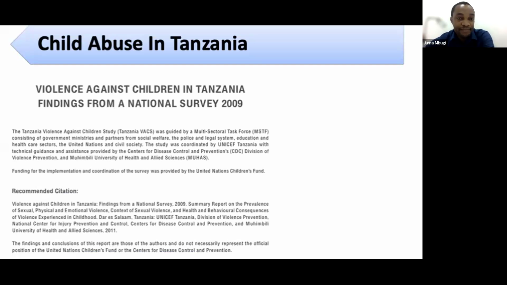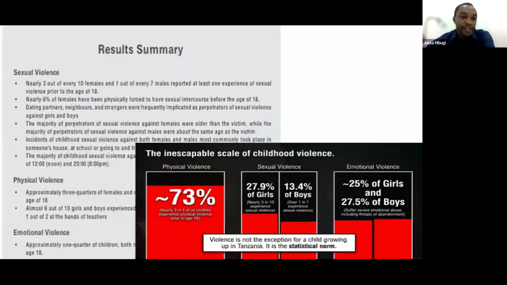The study was done by UNICEF in collaboration with MUHAS and other partners. So what did they find? They found that around 73%, which is nearly 3 in every 4 children, experienced physical violence before the age of 18. So physical violence in child maltreatment accounts for about 73%.